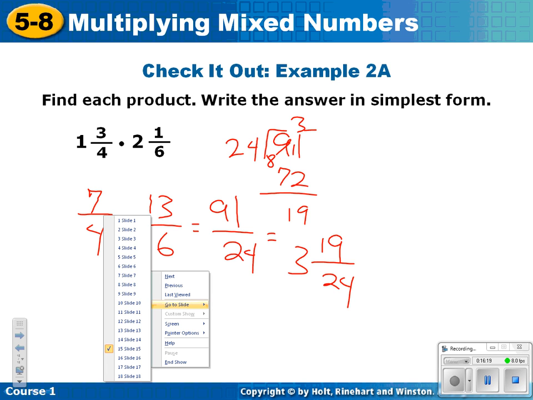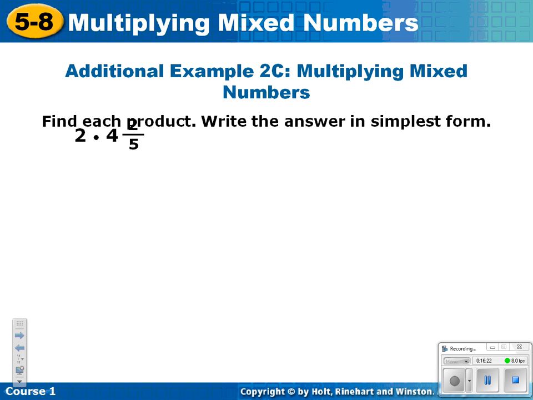Okay, the one that I wanted to show you though is this. You have 2 times 4 and 2/5. What do you suppose we have to do? We're not regrouping, we're not subtracting, we're not looking for common denominators. Remember, it's multiplication. We don't need a common denominator. Get common denominator out of your brain right now.